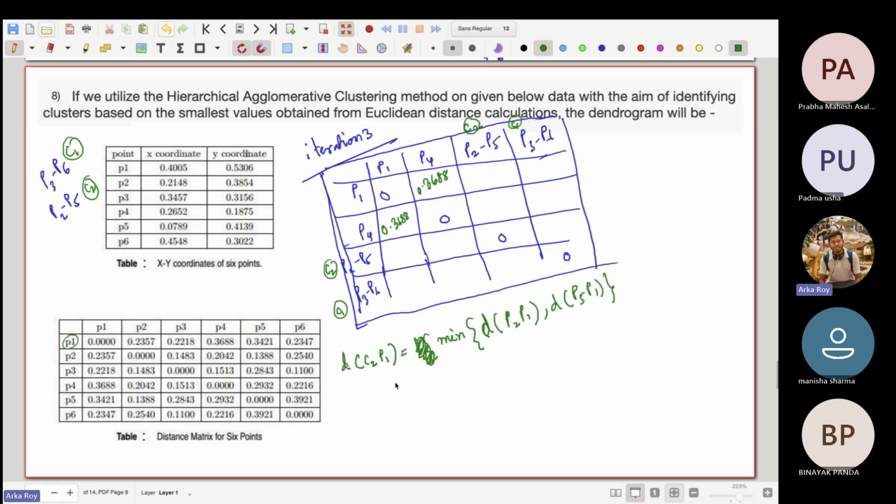So P2 से लेके P1 तक का distance क्या है? P2 P1 distance is 0.2357, or P5 P1 distance is 0.3421, right?